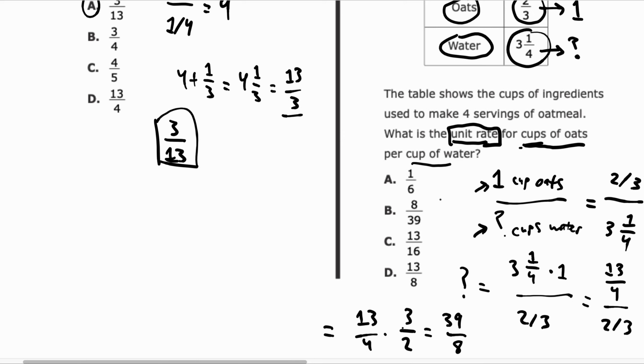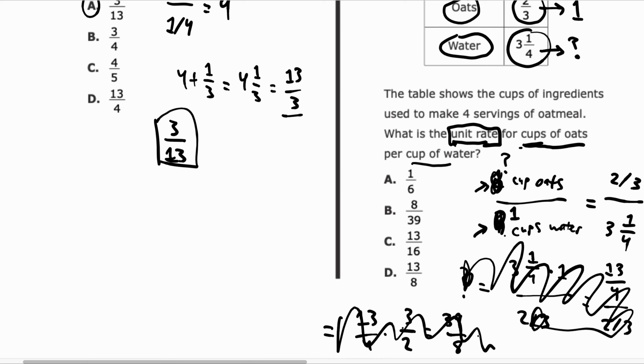Okay, so maybe the unit rate means not 1 cup of oats, but maybe 1 cup of water. In that case, hang on. If we cross multiplied, then we would get 2/3 over 3 1/4, which if you did the algebra would be 8 over 39, I think.